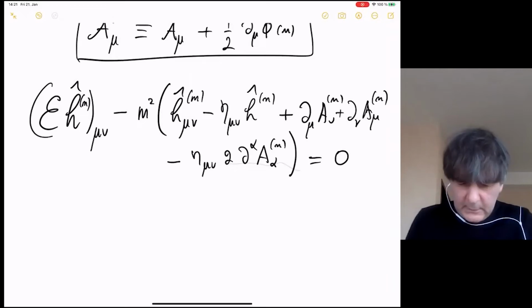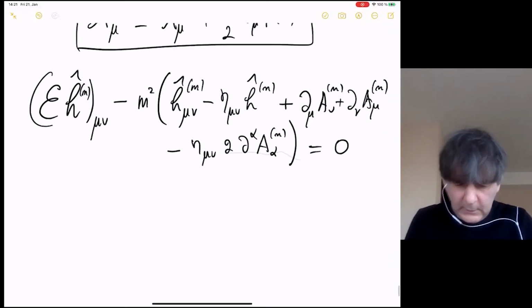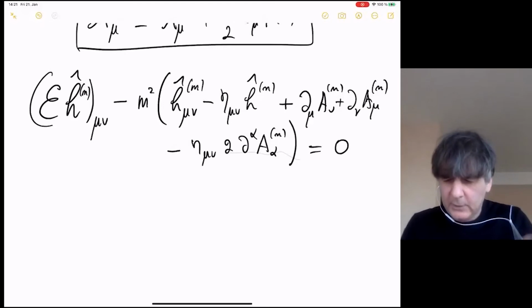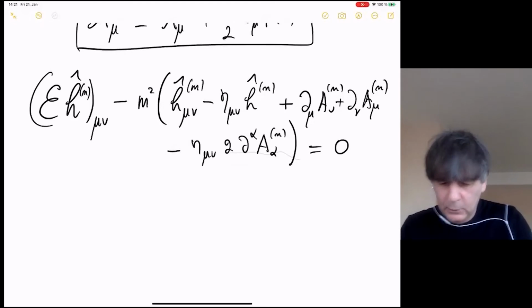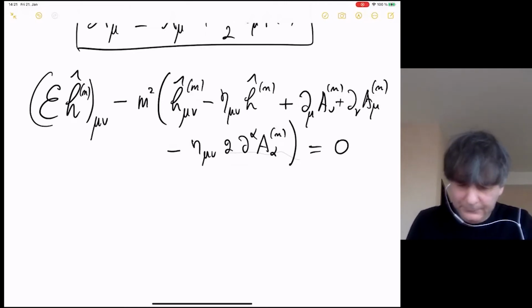Now let's analyze a little bit this equation. Okay. So notice that the gauge redundancy is maintained here. So now everything depends on four-dimensional coordinates, and gauge redundancy is maintained. Why?